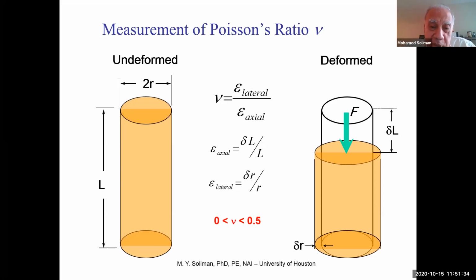That ratio has to be less than 0.5 for a rock. If you're running these experiments on a rock, that Poisson's ratio is definitely less than 0.5.